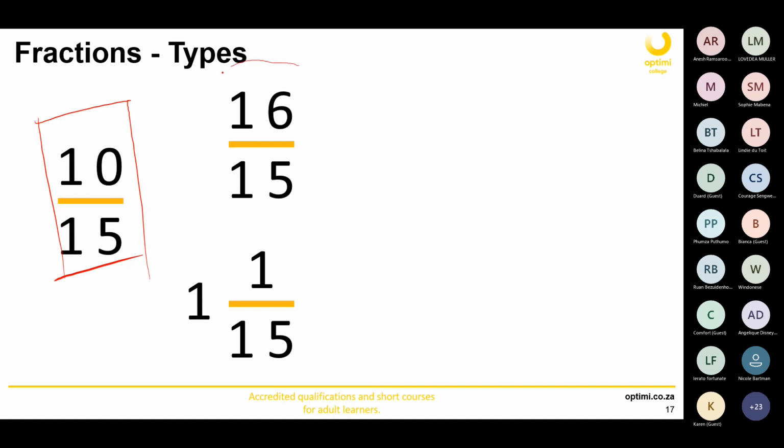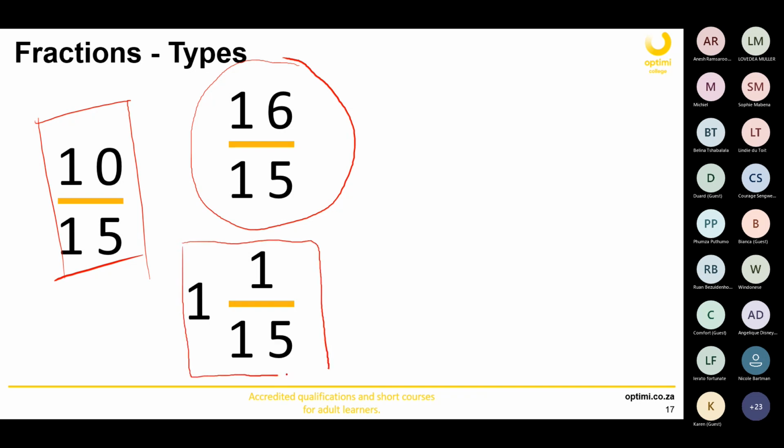Then we have this one, where the numerator is bigger than the denominator. That is called an improper fraction. And then we have the last one, where you will see there is a whole number and then a fraction where the numerator is smaller than the denominator, and that is called a mixed number.